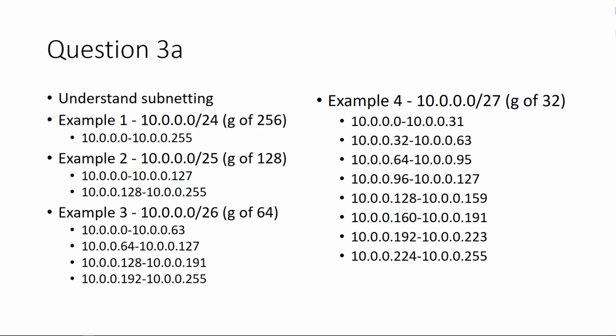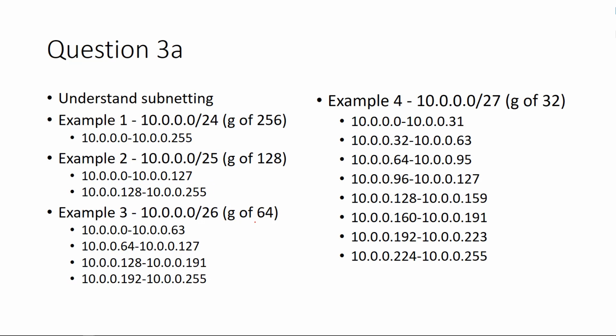Here is another example. If it's a /24, it gives us 256 addresses, 0 to 255. If we do a /25, it gives us a group of 128 addresses, so we're going to end up with 2 networks, 0 through 127 and 128 through 255.